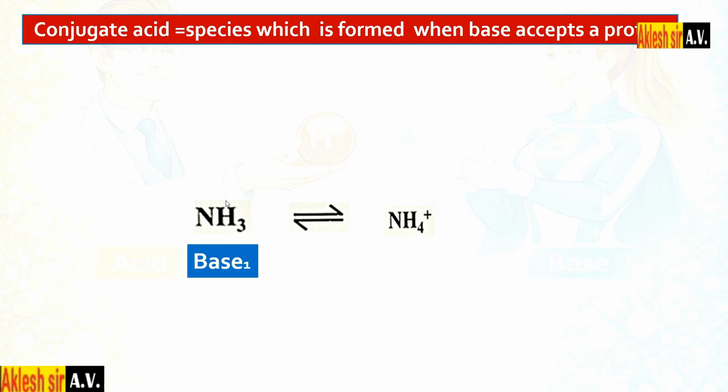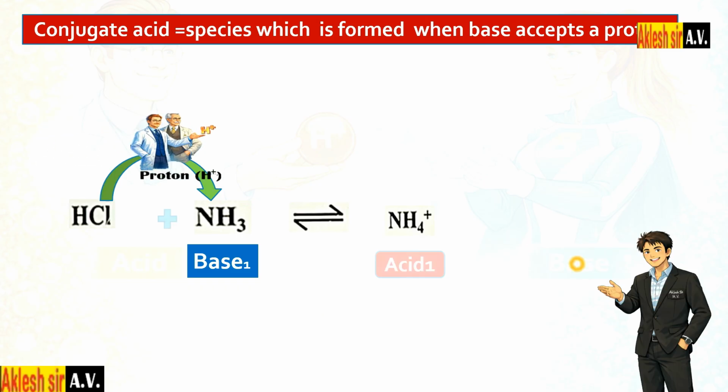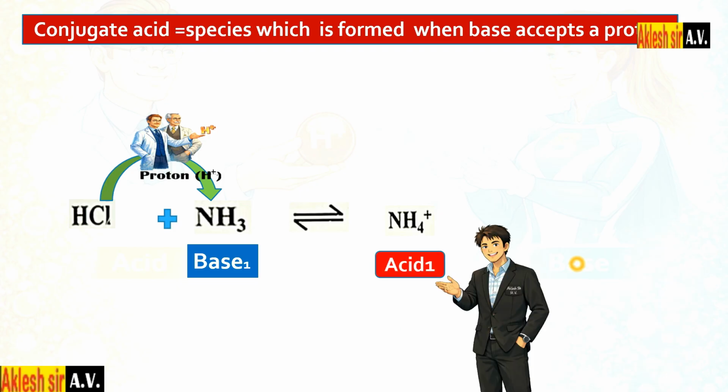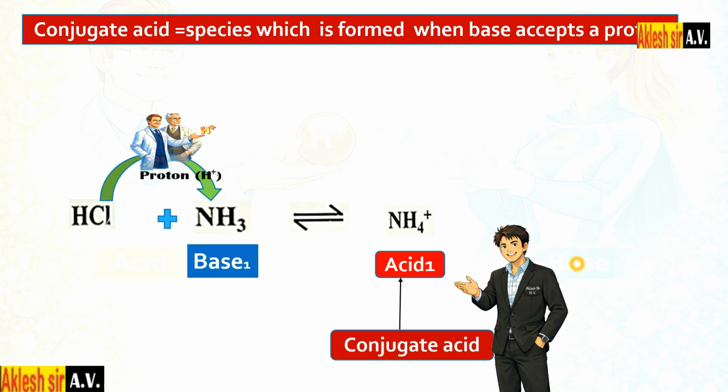How is it formed? Ammonia is a base, and a base is accepting the proton. So ammonia is going to accept the proton from HCl, which is donating the proton. So this ammonium ion is acting like an acid and it is known as the conjugate acid.